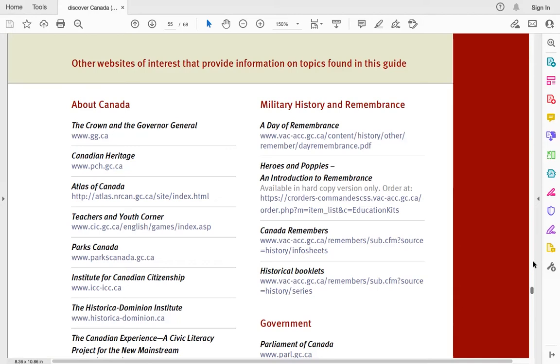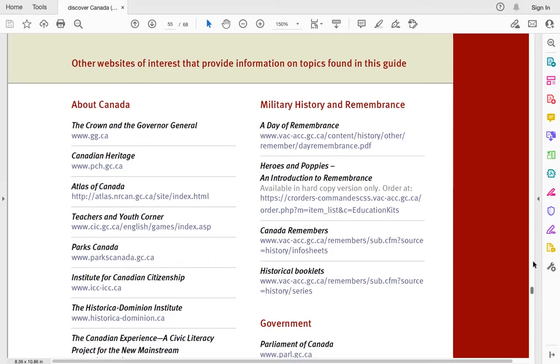The Historica Dominion Institute, www.historica-dominion.ca. The Canadian Experience, a civic literacy project for the new mainstream, www.cdnexperience.ca.